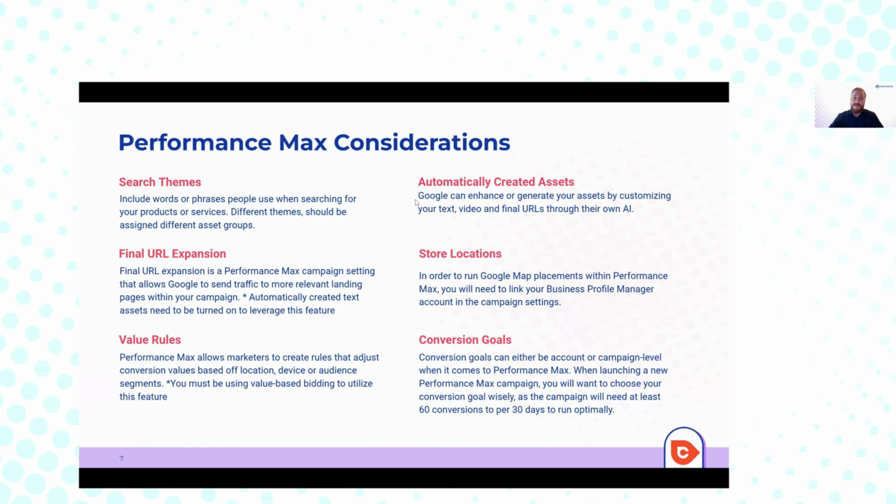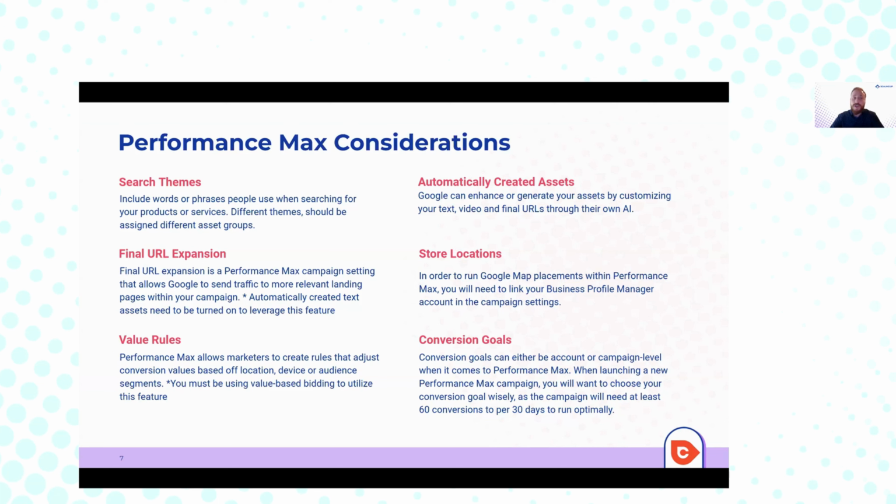Some other Performance Max considerations to include when building out your Performance Max campaigns are listed right here. First and foremost, I think this is the most powerful one, and you should not be launching a Performance Max campaign without leveraging search themes. What search themes essentially allow you to do is include words or phrases that people use when searching for your product or services.